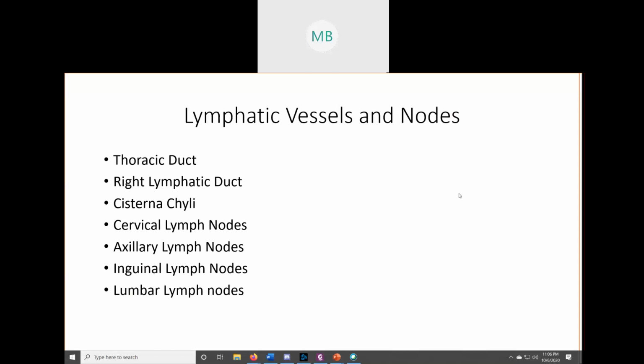Okay. So there are 3 paragraphs worth of terms you need to know for the lymphatic system. One of them is the close-up of your lymph nodes and their inner workings. One of them is just where to label these things, where they are in the body.